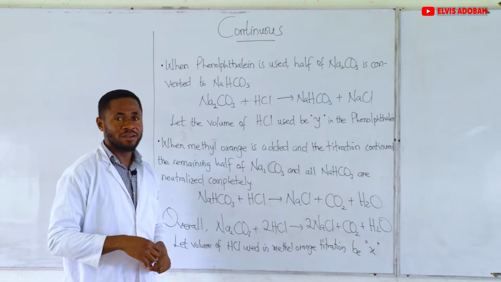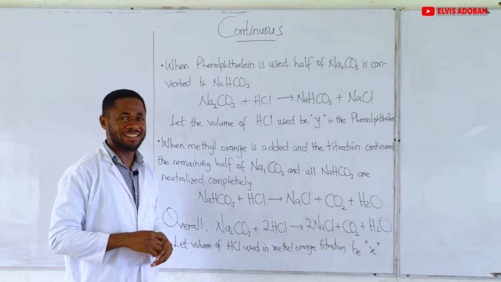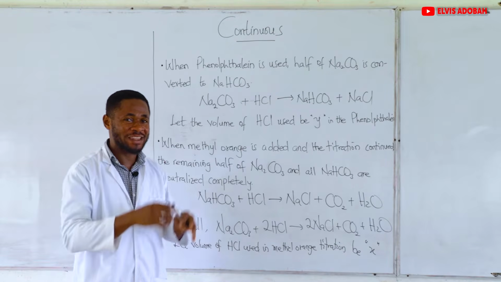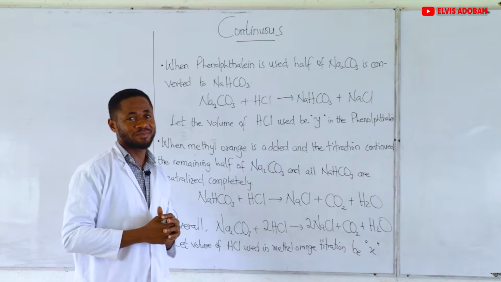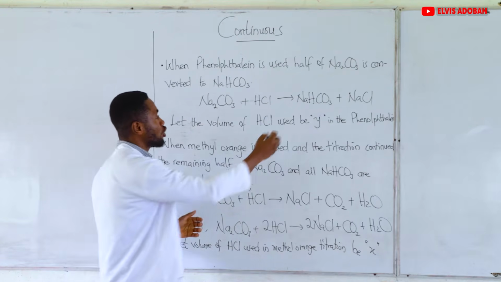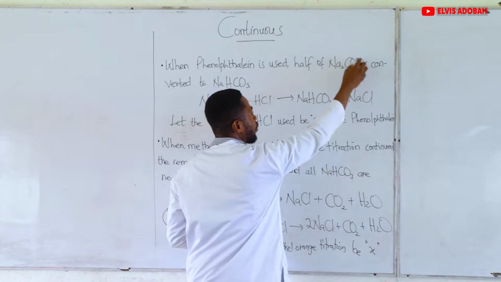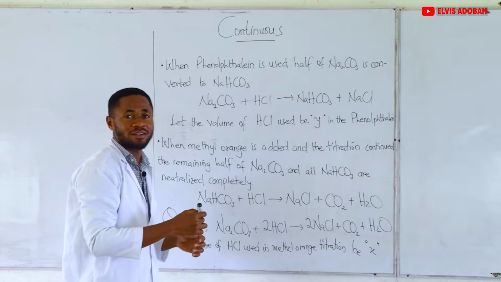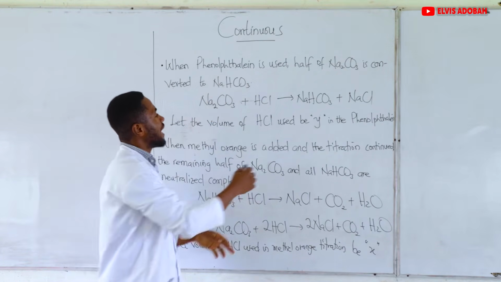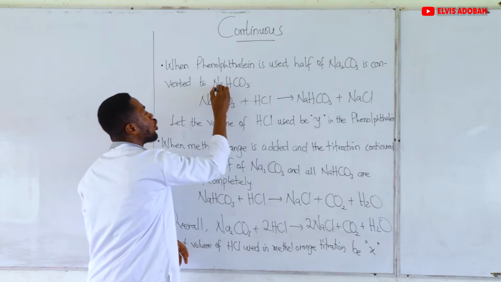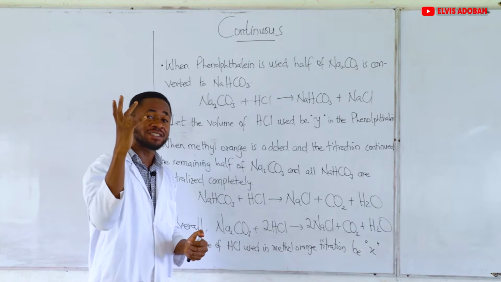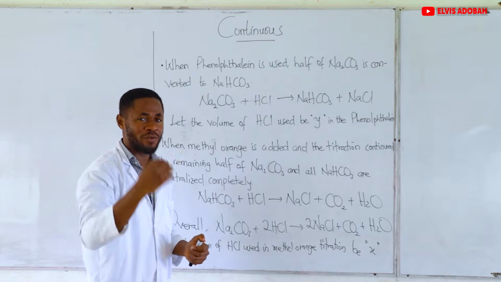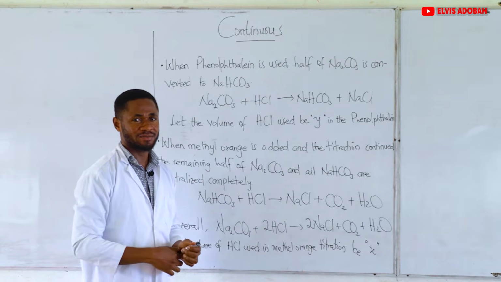But here, we are doing a shady business. We are not doing the right thing. When phenolphthalein is around, the work is shady. Instead of converting sodium carbonate to carbon dioxide, water, and sodium chloride, in the presence of phenolphthalein, it is rather converted to sodium bicarbonate. And this is the reaction. And it's not all the sodium carbonate, it's only half of it that is converted.